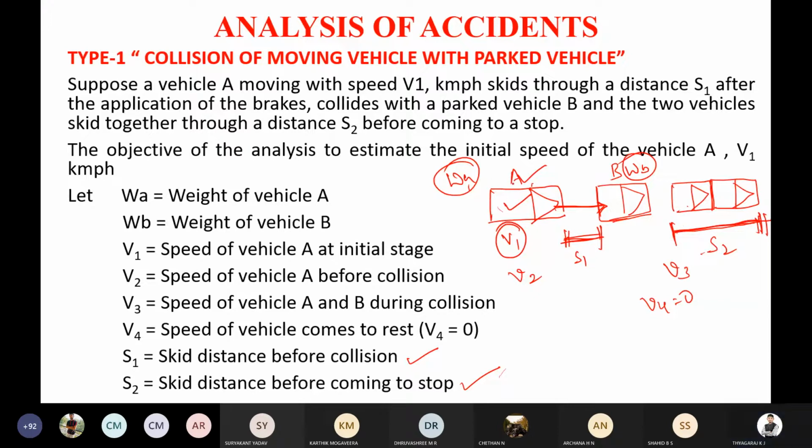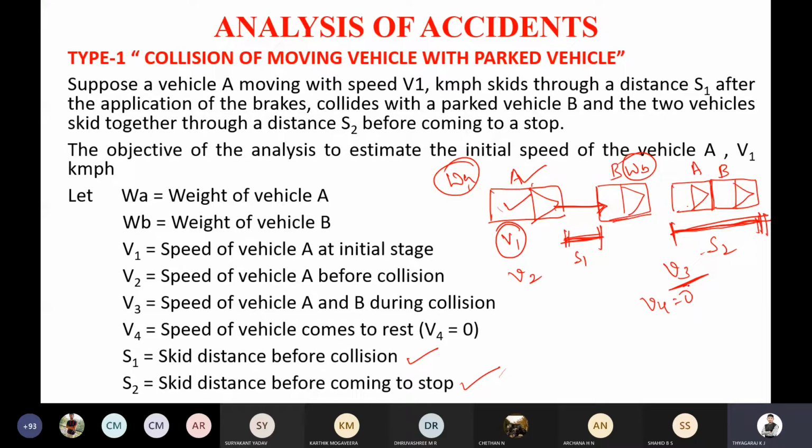Vehicle A will be moving at speed V1. It will see a parked vehicle B. The driver in vehicle A applies the brake and it skids through a distance S1, but he can't control the vehicle. The vehicle collides with B, and both A and B travel through a distance of S2 with a speed V3, the speed during collision.